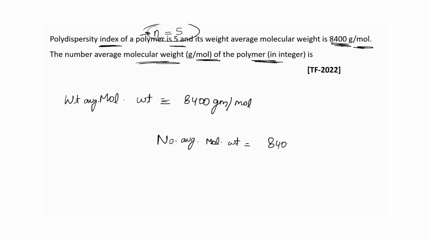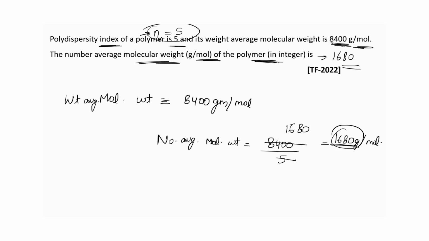So we can write directly as 8400 upon polydispersity index, which is 5. So it comes out to be 1680 gram per mole, and as it is an integer, 1680 is the answer.